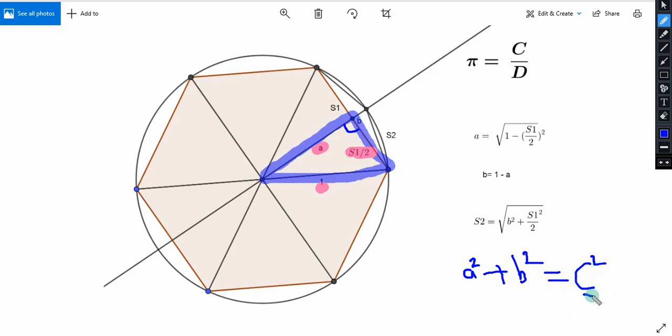In Tamil we call the hypotenuse Semmpakkam. So here, the hypotenuse is 1, and its square is 1 square. Likewise, this is S1 by 2. So A square plus (S1 by 2) all squared is equal to 1 square. So we can find A.